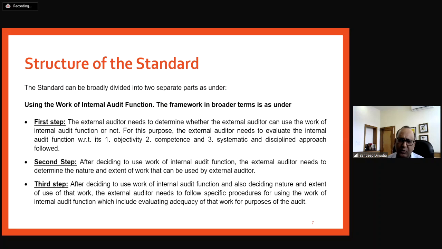So the three terms, objectivity, competence, and systematic disciplined approach, come into operation on each and every aspect of the work that the internal auditor has done, on which the external auditor is relying.